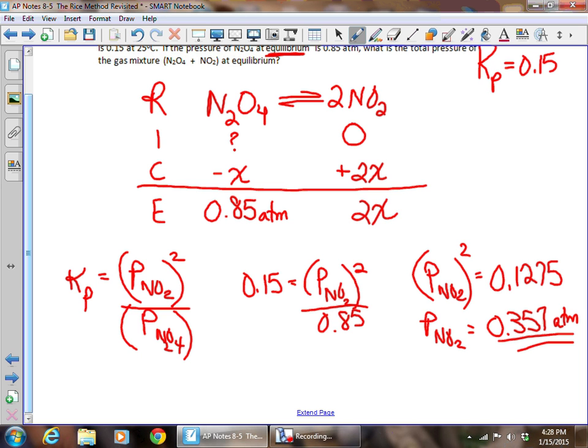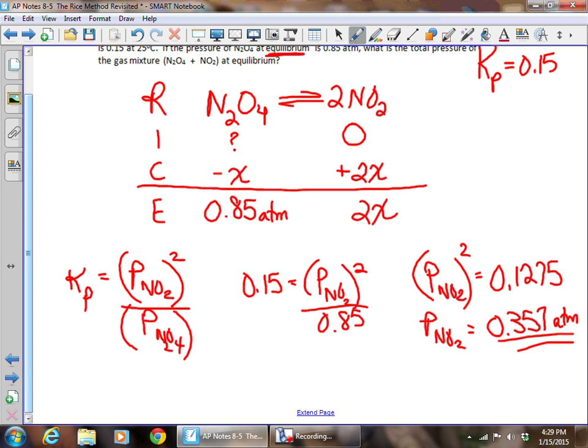Knowing that NO2 is 2x could have been important in another type of problem. Perhaps it might have asked us what the initial concentration of N2O4 was. It would be important to know what x was, because then we could simply add that to the 0.85 to find out what N2O4 was at the beginning. This particular problem doesn't ask you to find that, but you might have one like that on your worksheet, so watch for that.